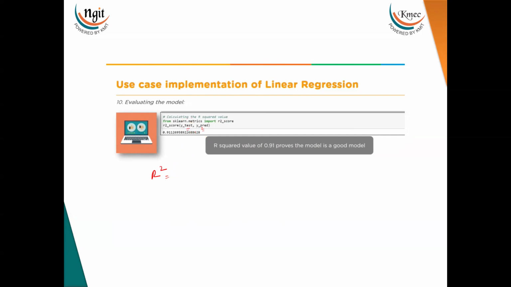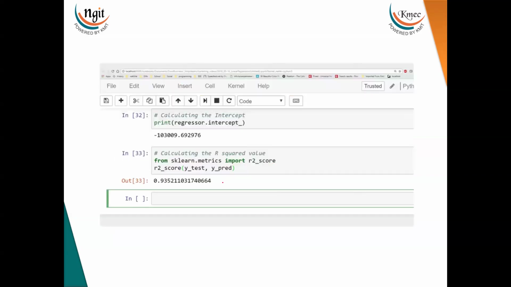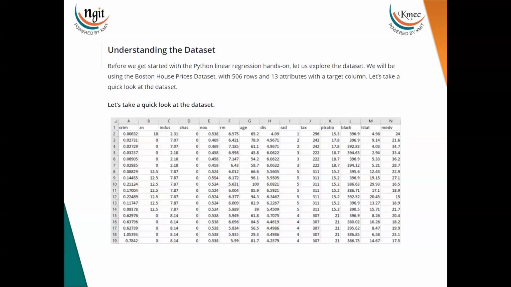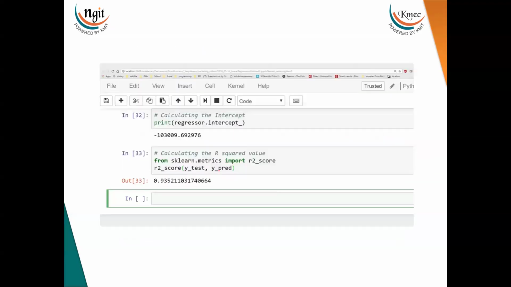We have tested some data and we have predicted some results, and in between, if you get a good result, here the R squared value is giving you 0.91. So it proves that the model is a good model. Okay, if you get a low value, then we can't say that it is the best fit line, and our model is not working well. So this is how we are going to evaluate the linear regression model.